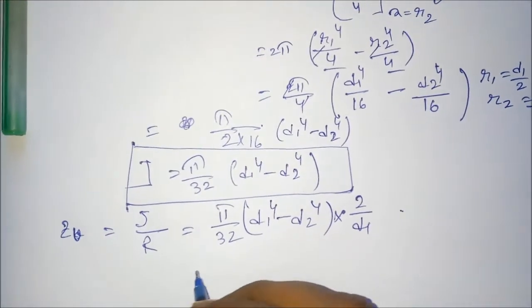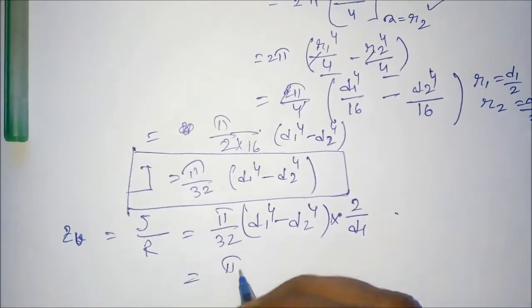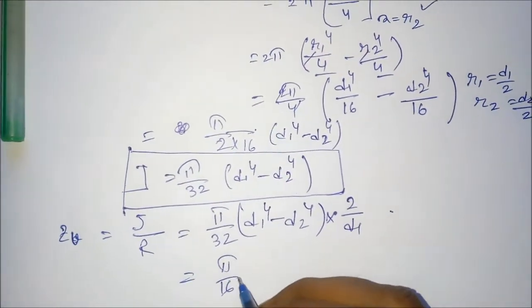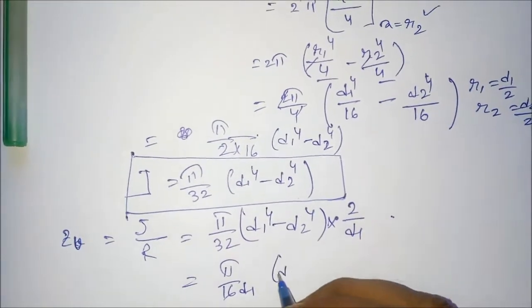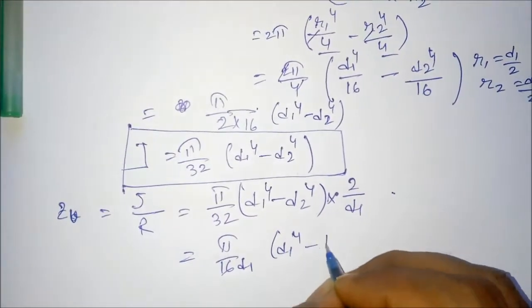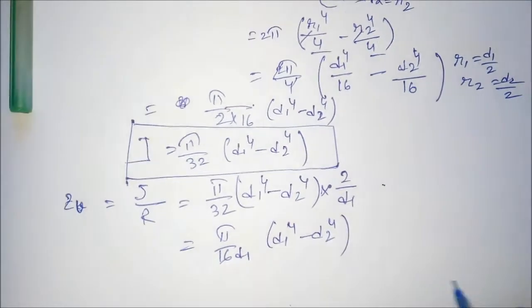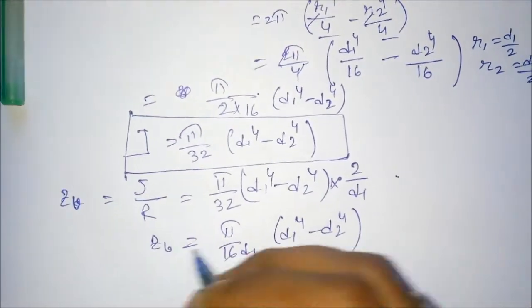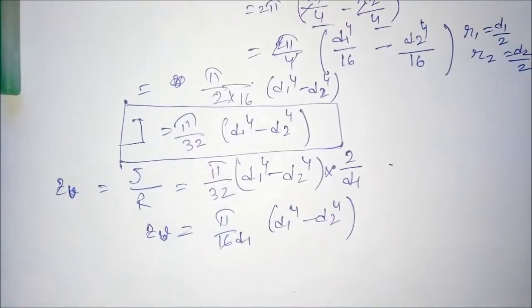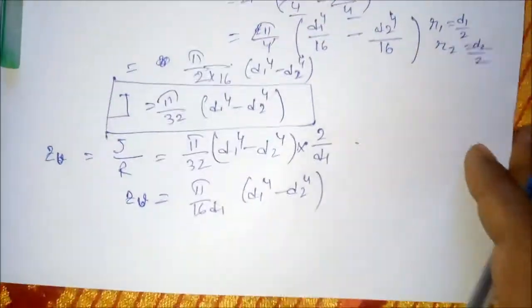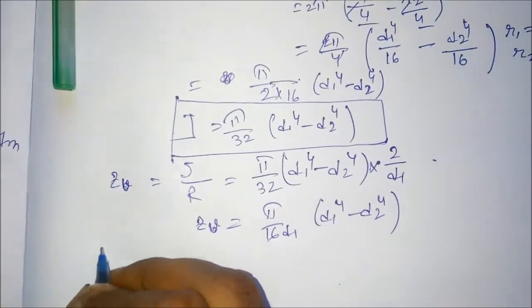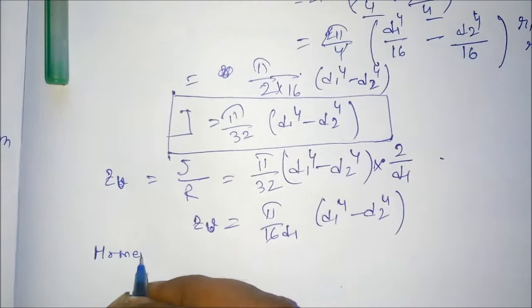So this value will be equal to pi by 16 (d1 to the power 4 minus d2 to the power 4) divided by d1. This is the value of Zp, the polar modulus, right?